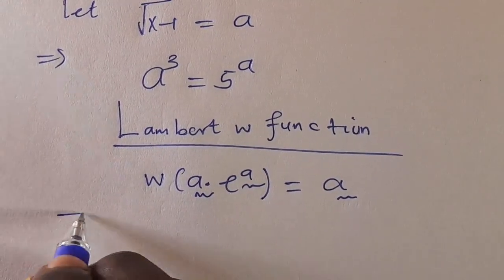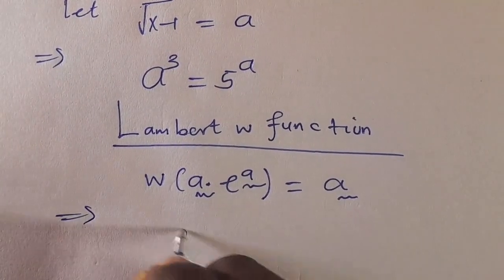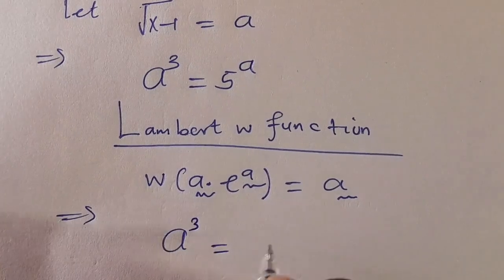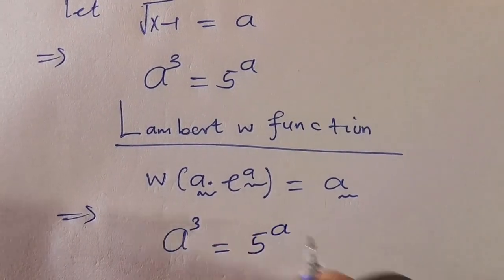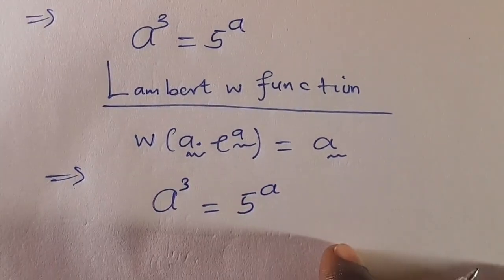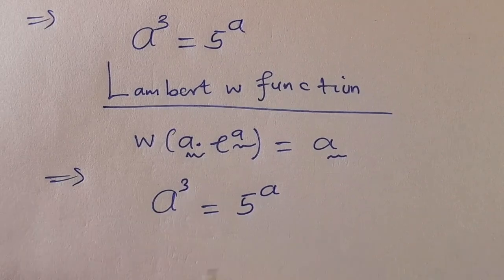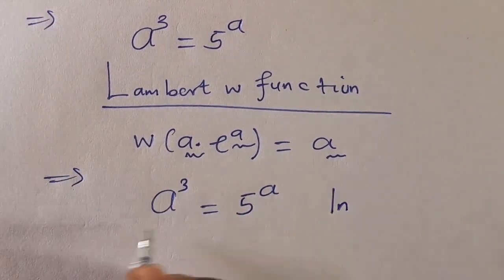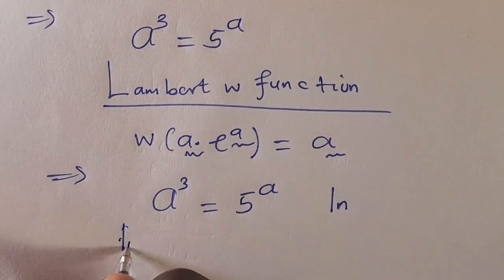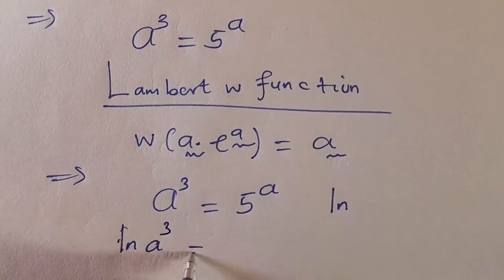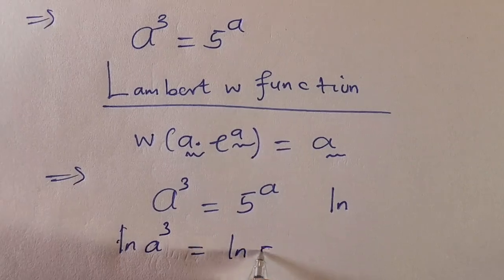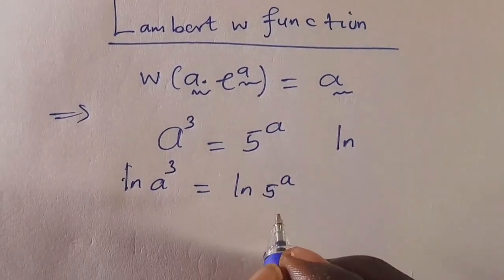Now let's recall. From here we have a to the power of 3 equals 5 to the power of a. By introducing natural log ln to both sides of this expression, we have ln of a to the power of 3 equals ln of 5 to the power of a.